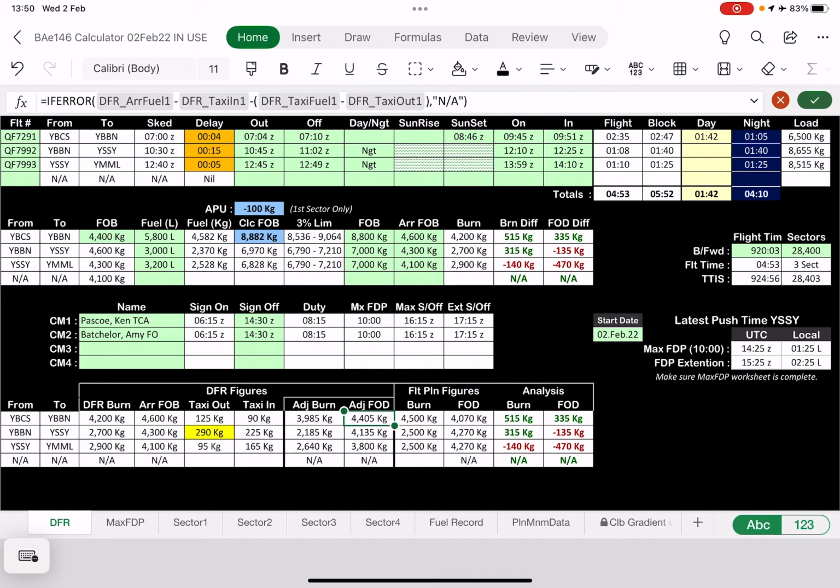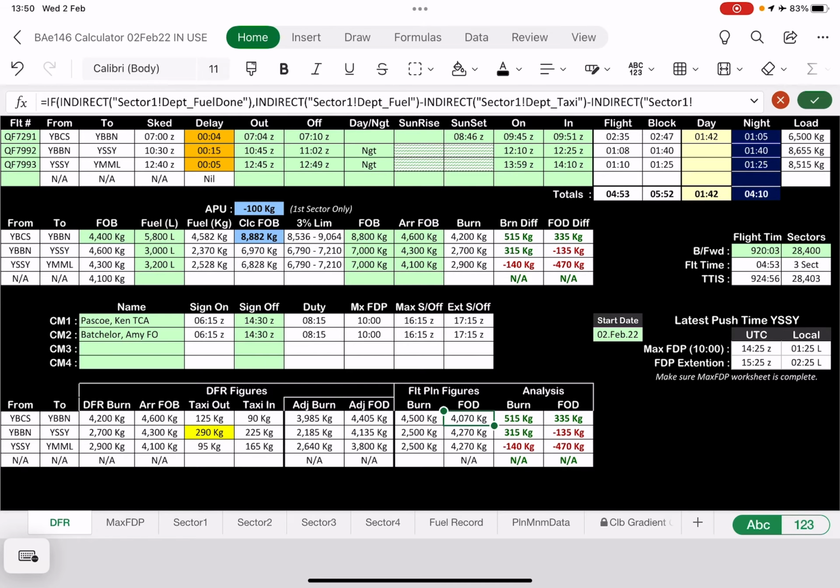So if you land in Sydney, you spend 35 minutes, 40 minutes sitting on the ground waiting for your stand, that fuel, it's unfair to measure the flight plan arrival fuel with what you actually arrived with, because we don't allow for taxi after landing. It's once you're after landing, you've met the requirement, haven't you? So it's saying that you're, what did we say? We said we arrived with 4405 because of the taxi fuel in.